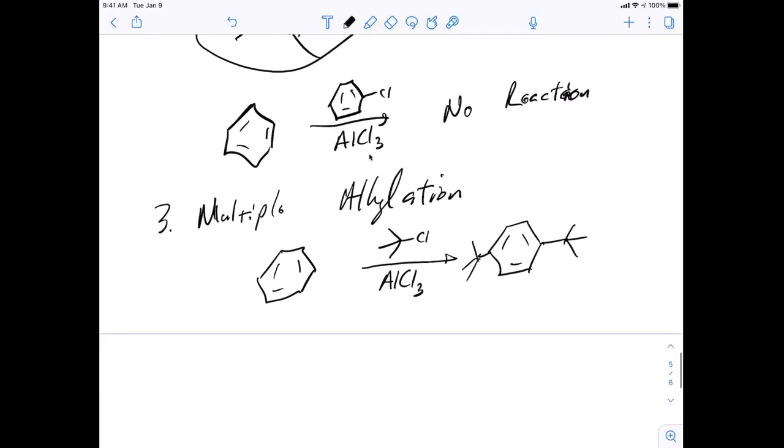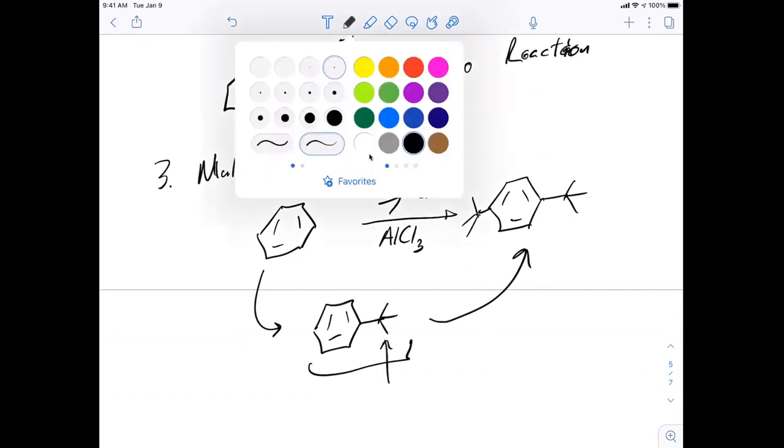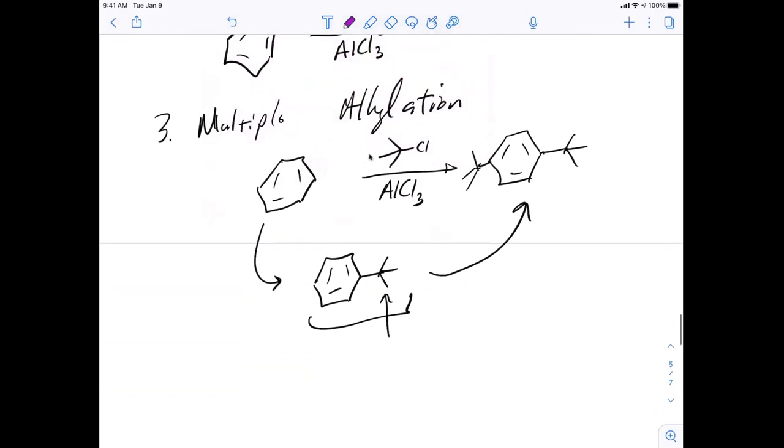I can end up with dialkylation. So the first step would be to create this group, to get the mono, but then that can go here. And the reason is that that group there, and we're going to look at this maybe at the end of the class today, if not today, we'll look at it on Thursday, is an activating group.